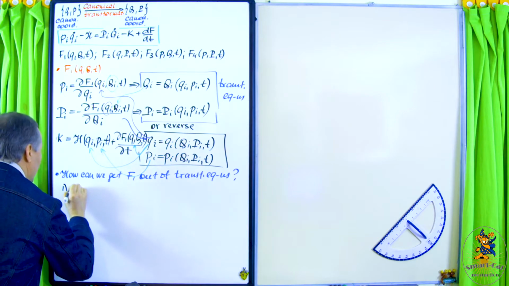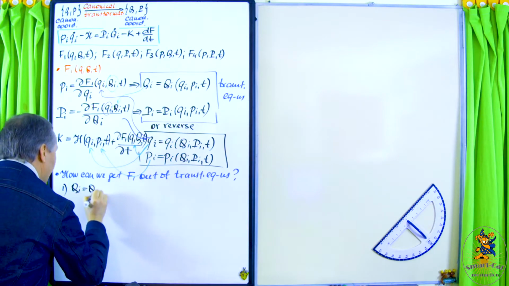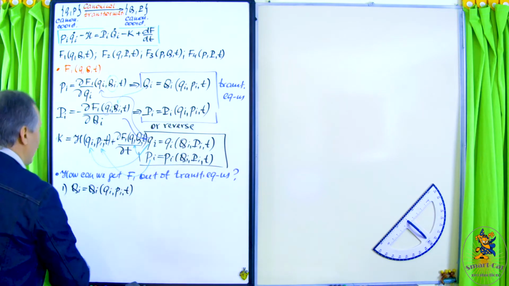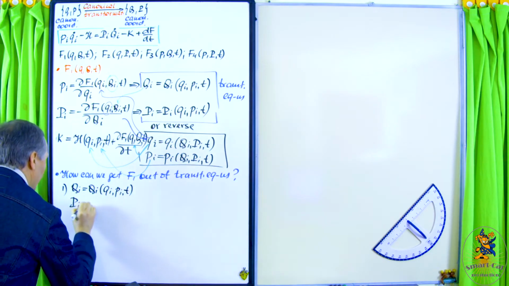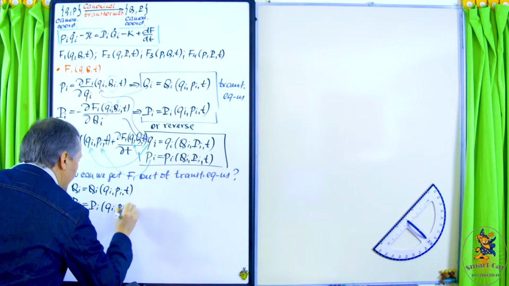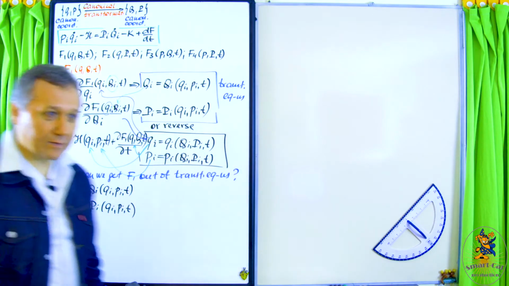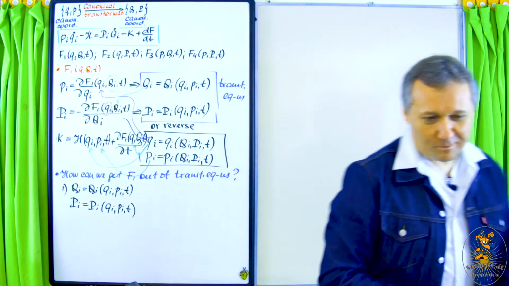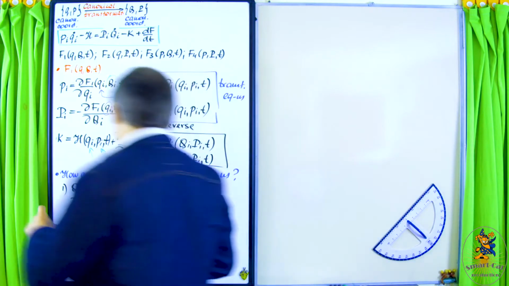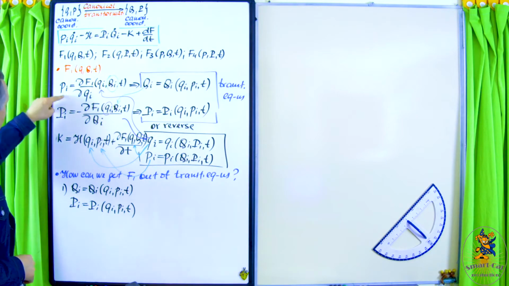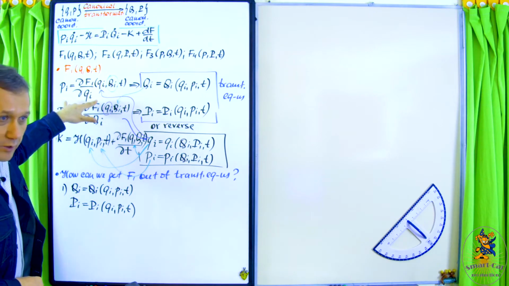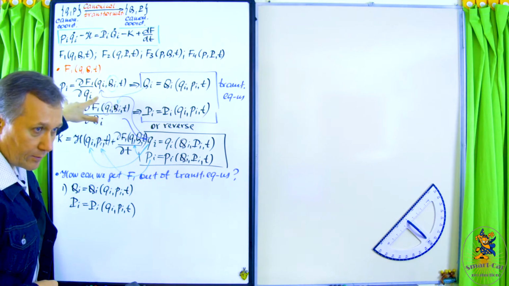So the transformation equations: Q capital is a function of q, p, and t, and P capital is a function of q, p, and t. Okay, so that's given. And now, as I told you, from here we need to get how p small depends on q small and Q capital in order to insert it into this equation for integration.